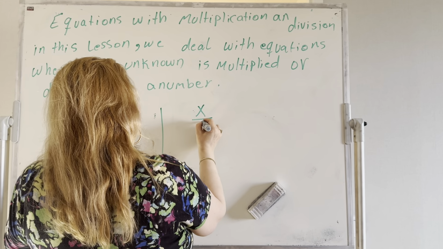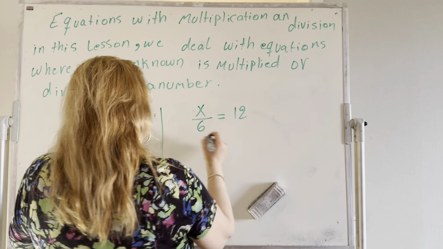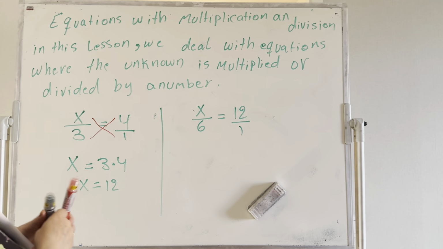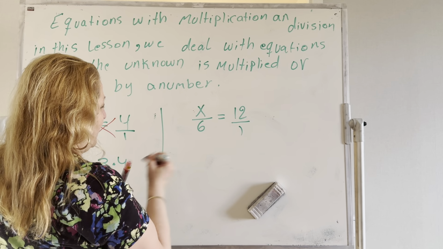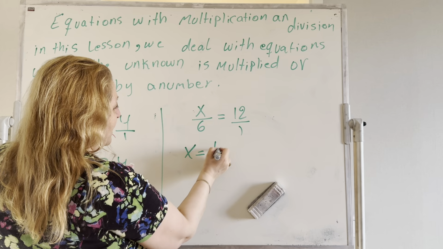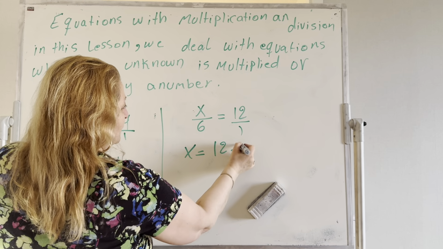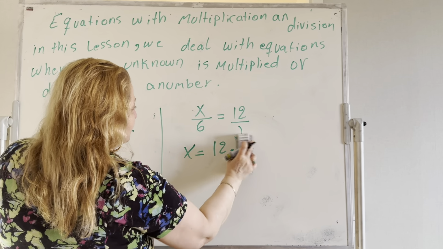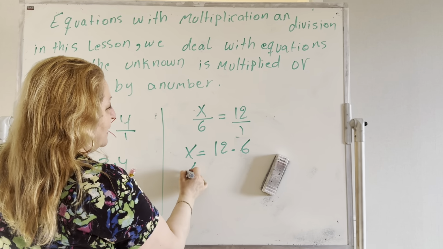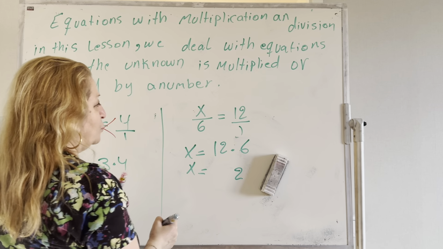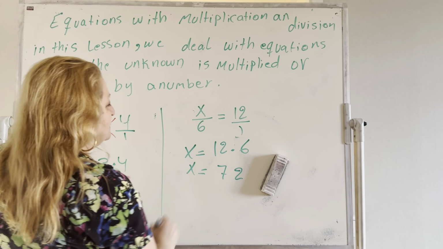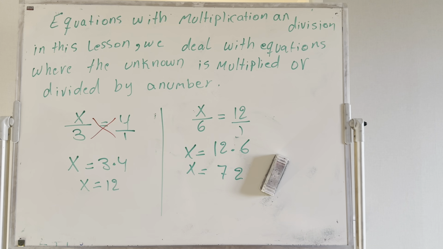The same thing with x divided by 6 equal 12, we can use this method, and 1 times x equal x. x equals 6 times 12, which is 72. So we can use this method also to solve these simple equations.